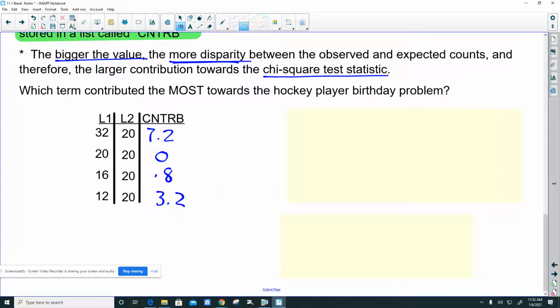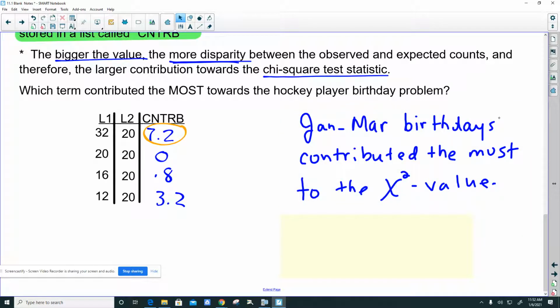And you can see that in this example, here's our largest contribution. And so what we might say for this problem is, now remember, what was the 32? Well, the 32, I believe, was the observed count of birthdays for January through March.